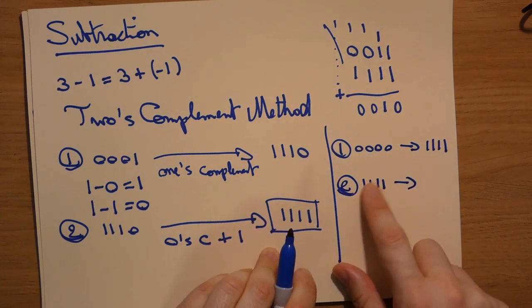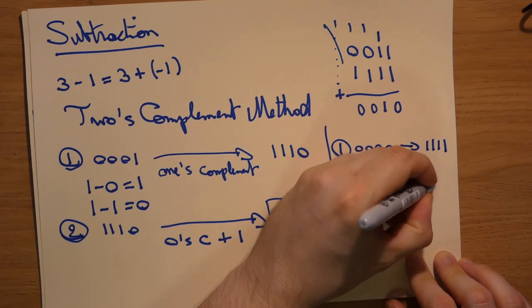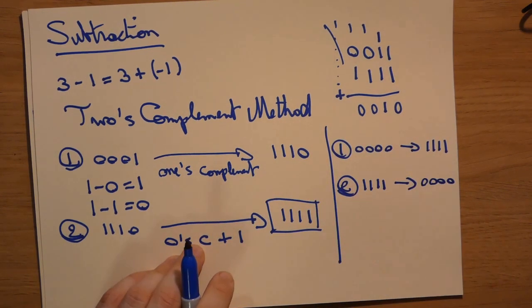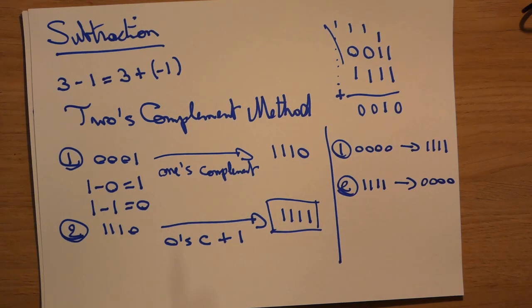Well, all of those 1's are going to roll over into 0's. So the 2's complement of 0 is 0 again, which is a desirable property.